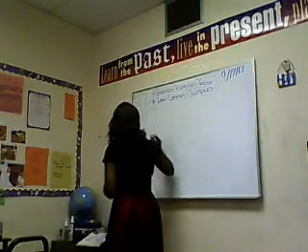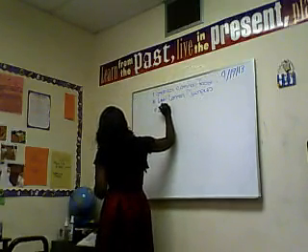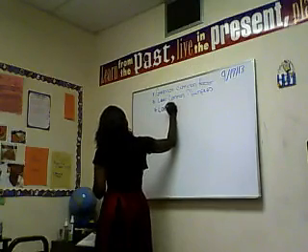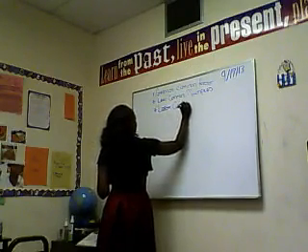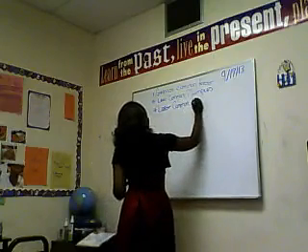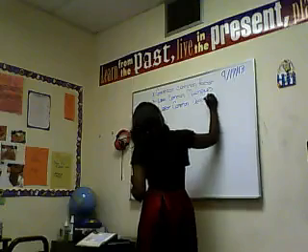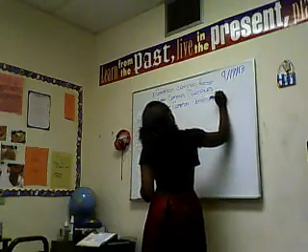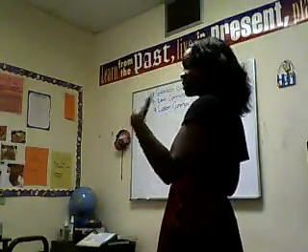But now we're going to go into least common denominator. So least common multiples are a number times another number.